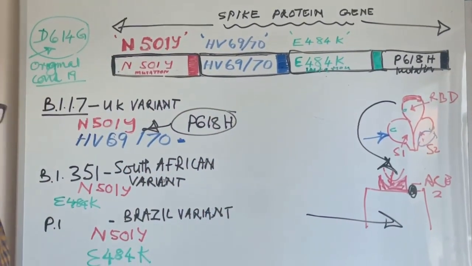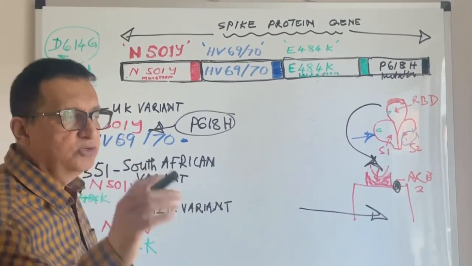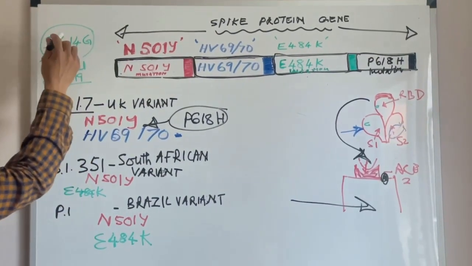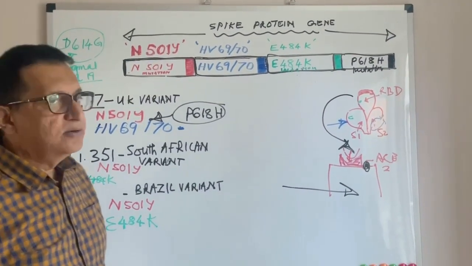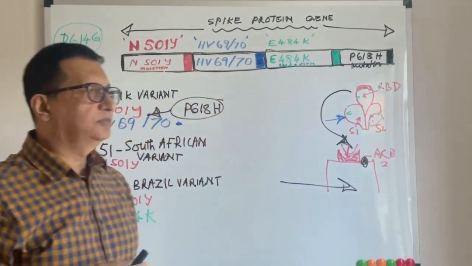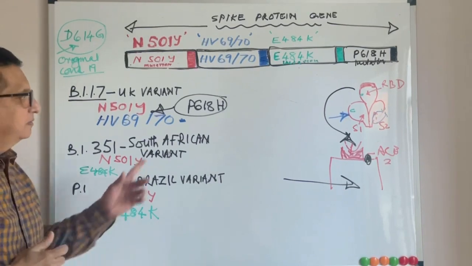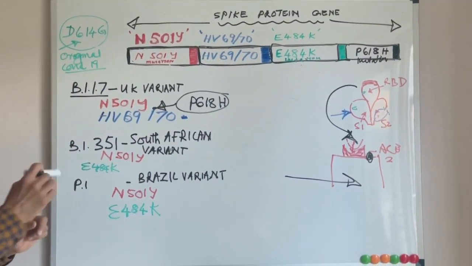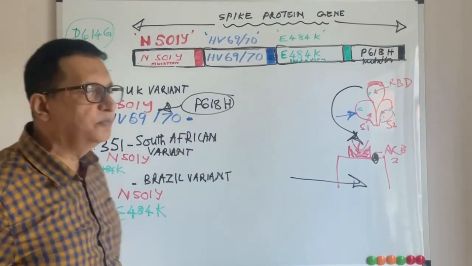For example, the immunity, the immunoglobulin, the antibodies that we need to control the wild variant, the D614G original SARS-CoV-2, is 6 times less than what we need to control this South African variant.